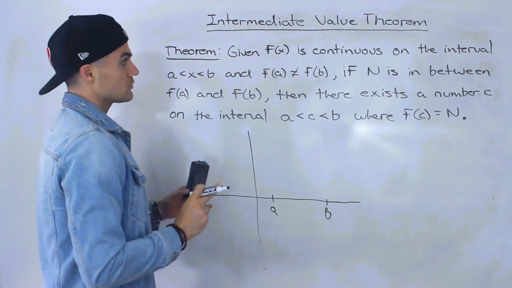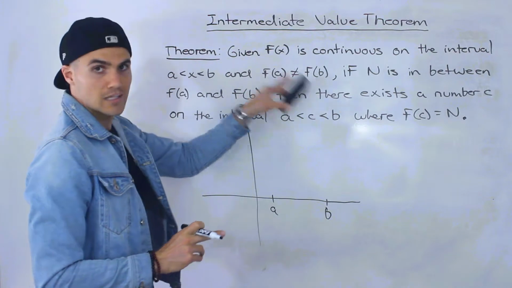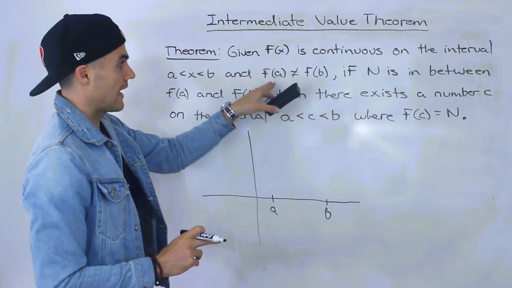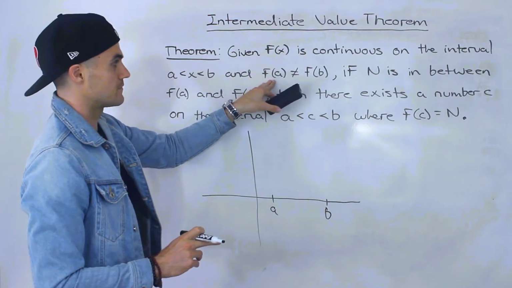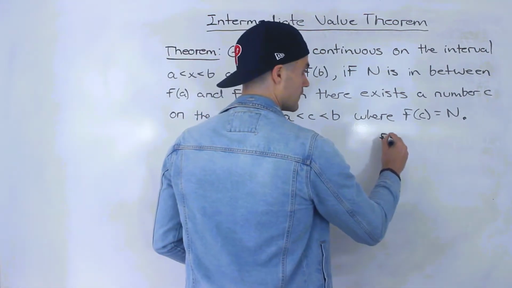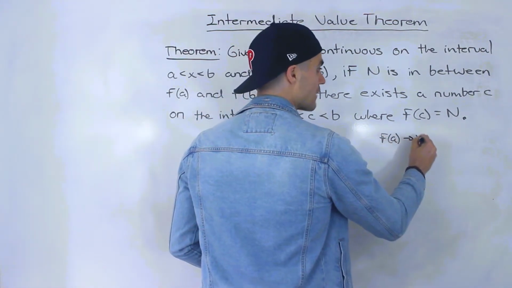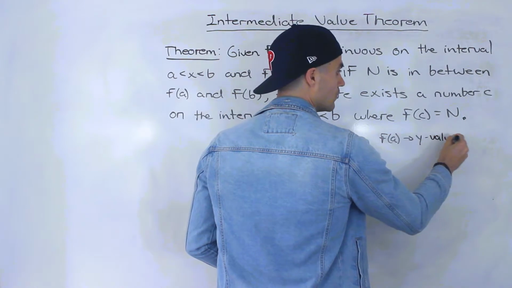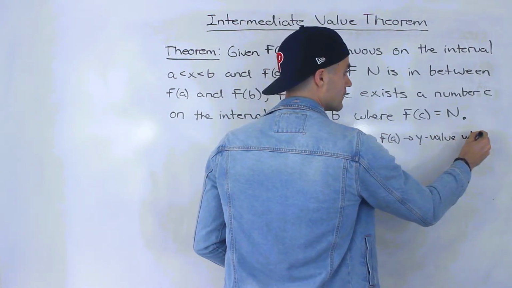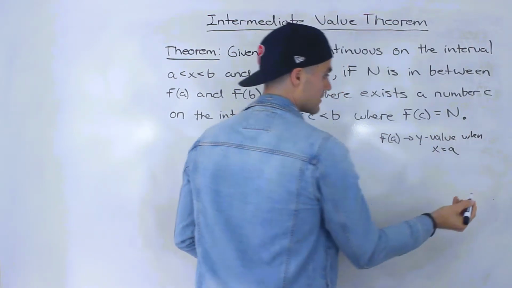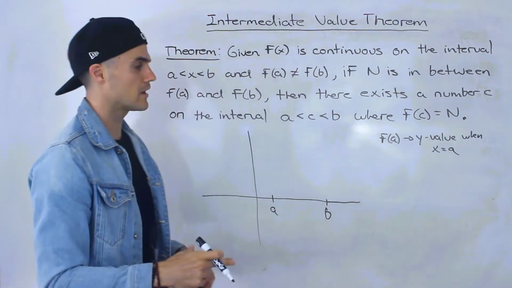And then we're also told that f of a does not equal f of b. And notice, what is f of a? f of a is basically the y value when x is equal to a. And then same thing with f of b.